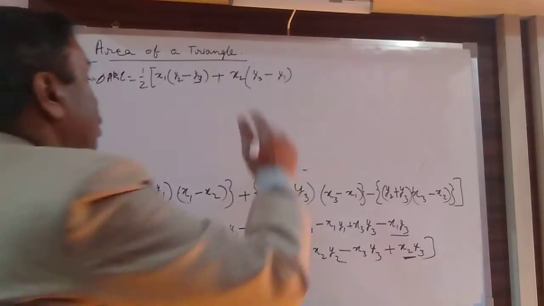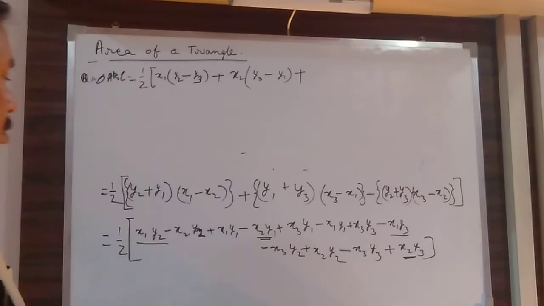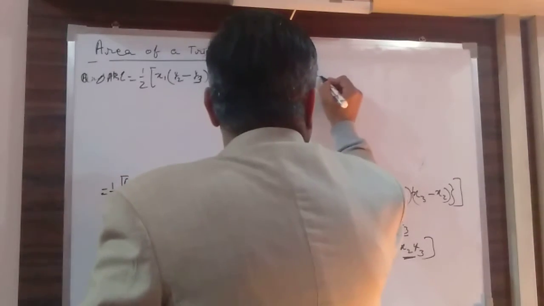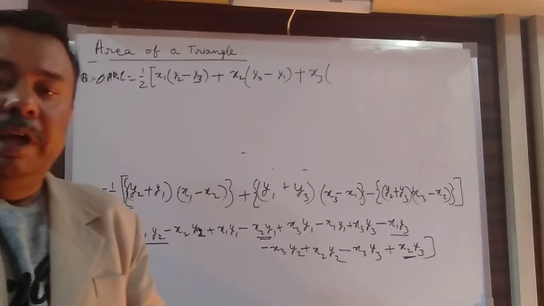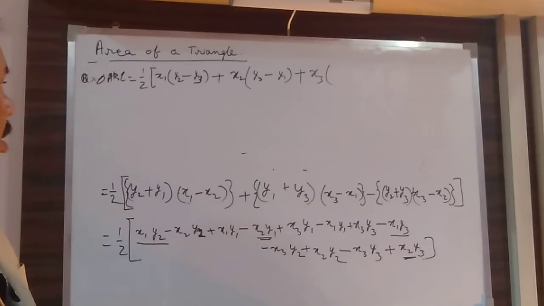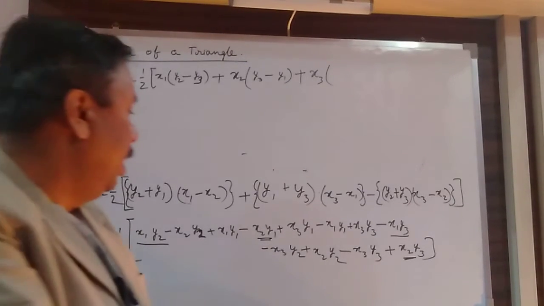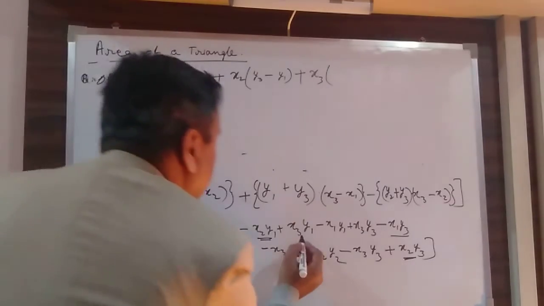Plus, I will take x3. Then I will take x3 y2. x3 y1, where is it?